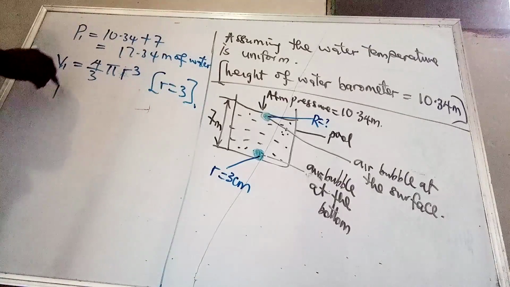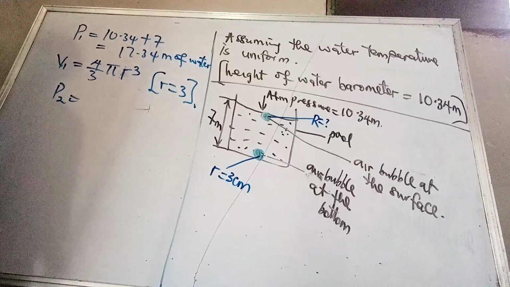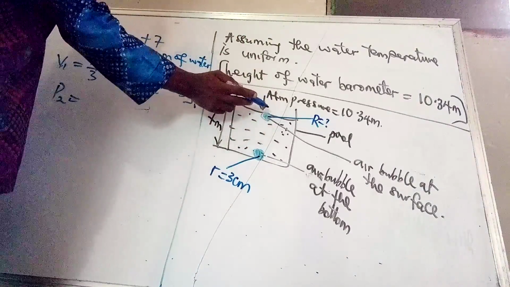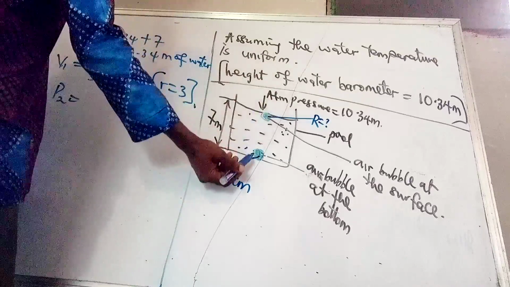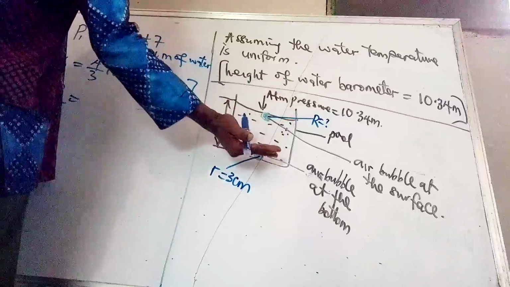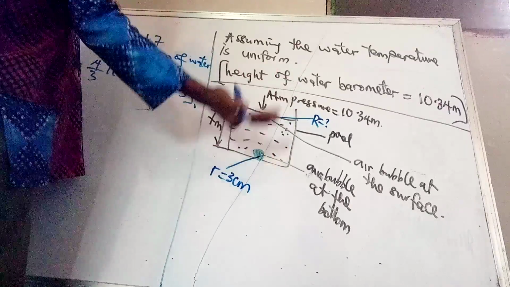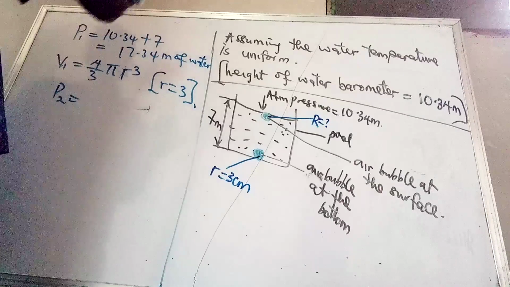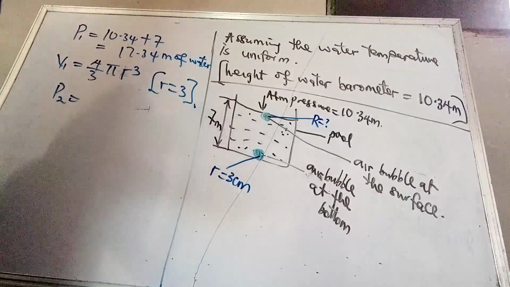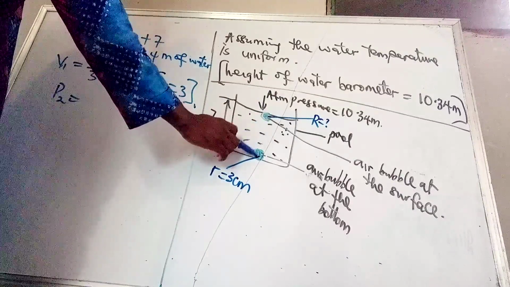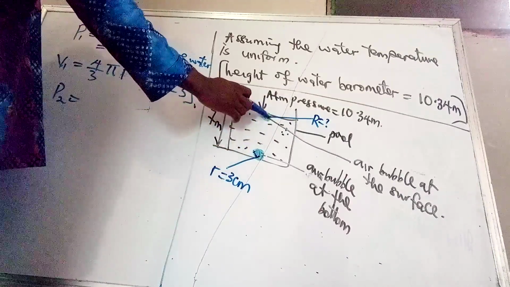Now, P2, that means the final pressure that will be acting on this bubble when it's at the surface. Don't forget that it has moved to the surface. That means the height has increased from below. And I told you in my previous video that pressure increases with depth but decreases with height. That means the pressure at the bottom will be higher than the pressure at the surface.